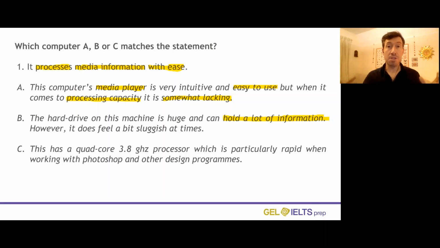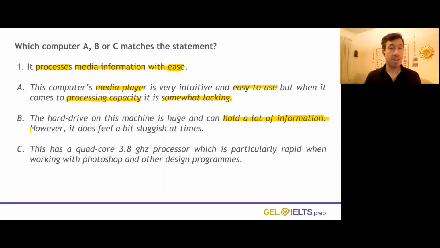If a computer holds information, it means it can store it, so it has a big hard drive. If it processes information, it means it can use the information quickly or access the information very quickly. So those two things are different functions of a computer. Again, the word information here is a distractor.